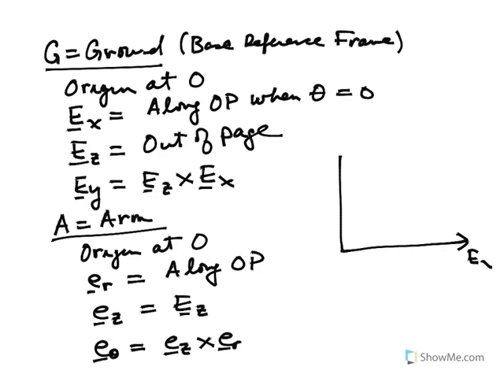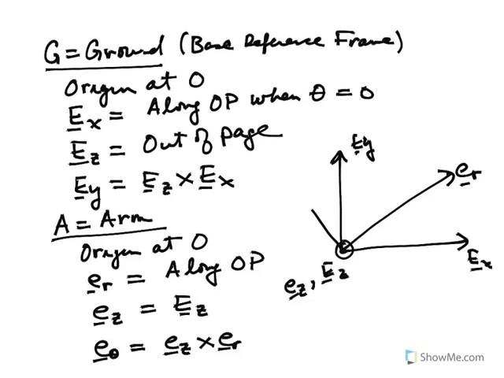If you draw a picture of this, here's what the picture looks like. There's EX, there's EY, EZ is out of the page. That's also the direction little ez. ER is the direction along the arm. E theta is the direction that is 90 degrees from ER in the plane. And the angle theta shows up in two places.